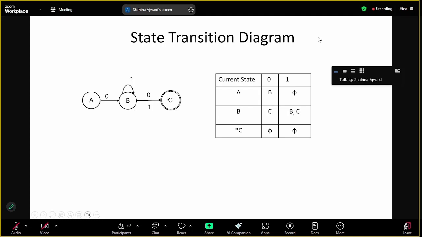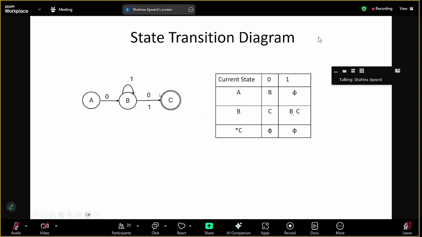Next, we check the state C, right? You can see here you have a star, right? That means this is a final state. You can represent it in the state transition diagram by a star or by circling this character, right?